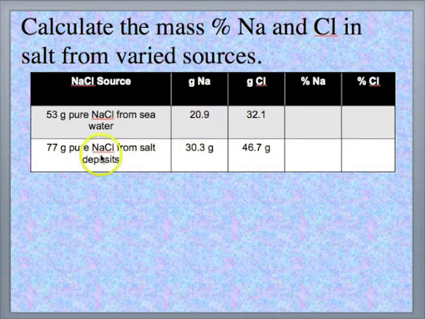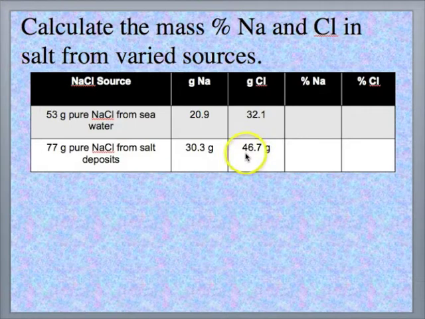We go to some salt deposits and we extract pure sodium chloride from it, 77 grams of it. We work it up the same way, separate the sodium from the chlorine. We have 30.3 grams of sodium, 46.7 grams of chlorine.